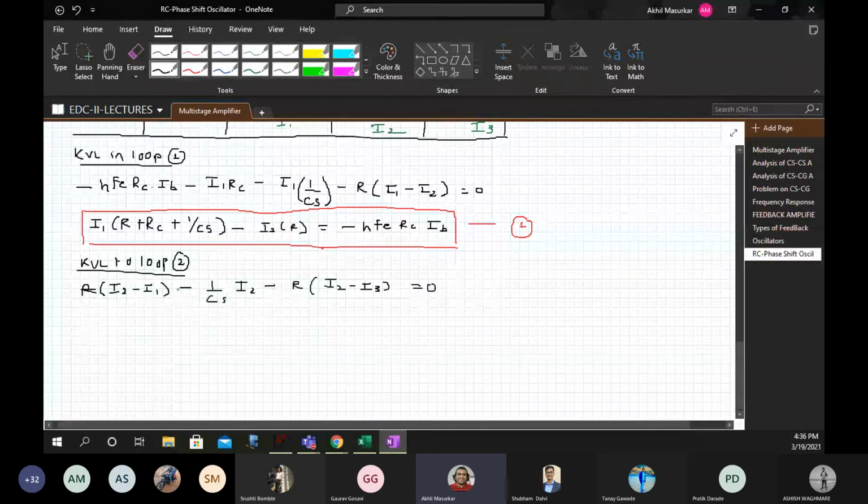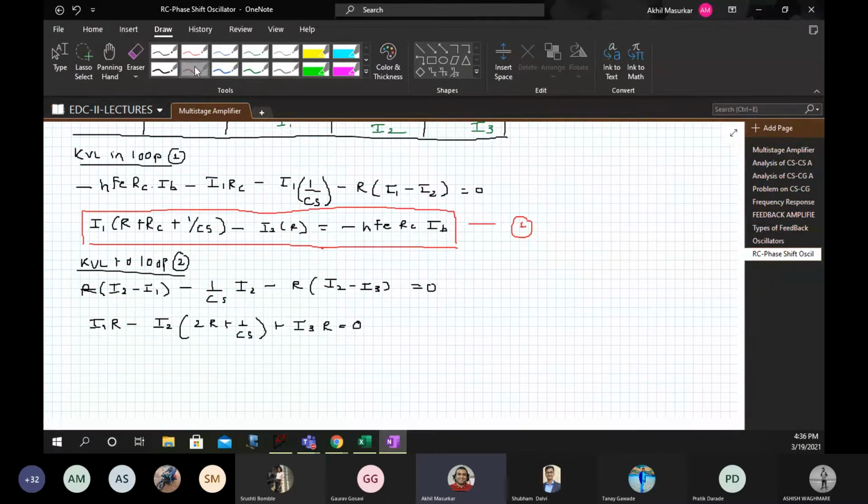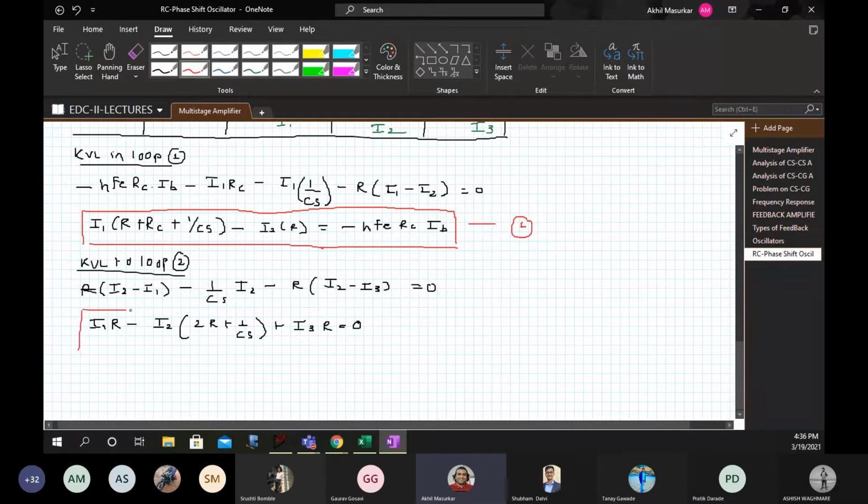So this will give me I1 R minus I2 into 2R plus 1 by CS plus I3 into R equal to 0. This is 2.